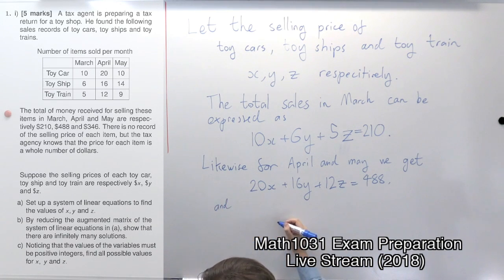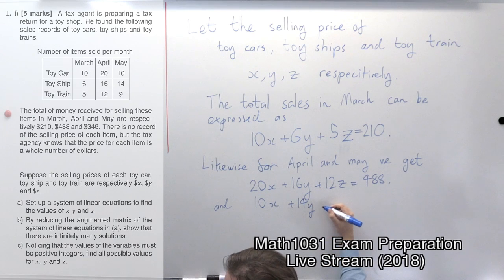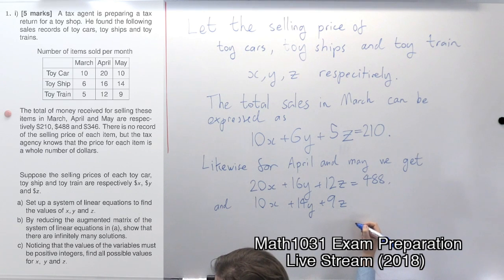And you get another equation which is 10x plus 14y plus 9z, and the total for that month was 346.